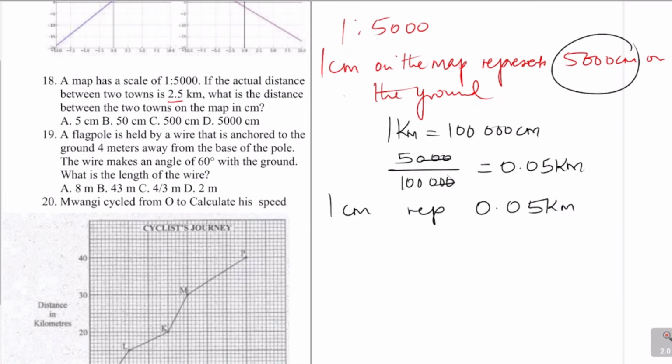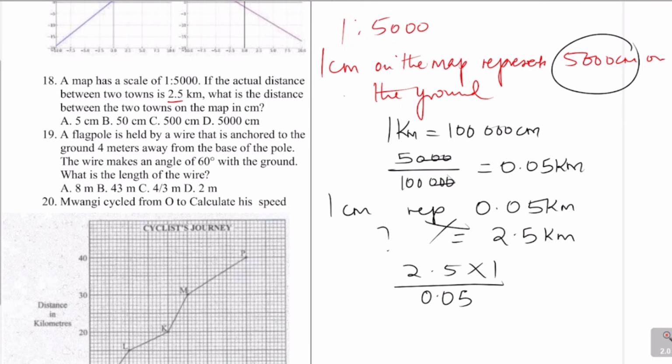So now, what about this 2.5? What is the distance between the two towns on the map? If 1 centimeter on the map represents 0.05 kilometers on the actual ground, what about 2.5 kilometers on the ground? That will be represented by how many centimeters? You just need to cross multiply: take 2.5 times 1, then divide by 0.05.